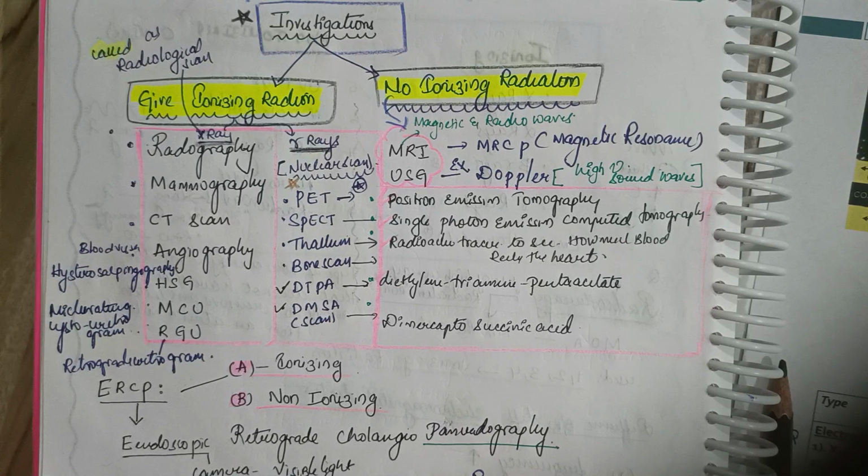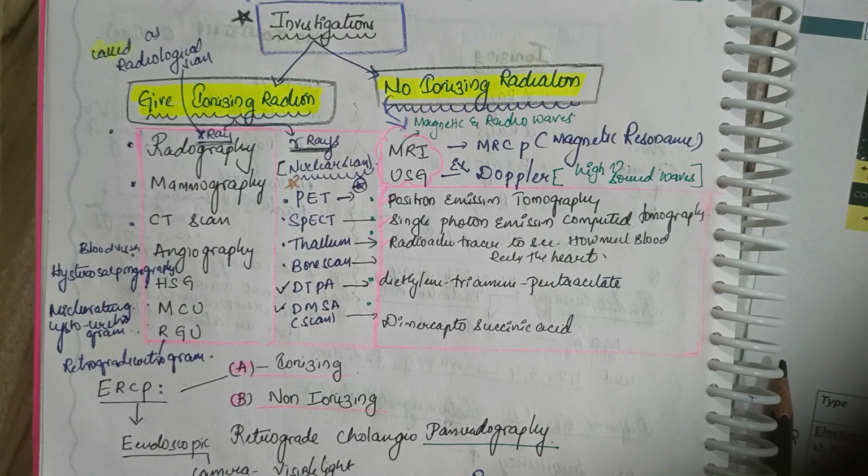Next you have SPECT, single photon emission computed tomography, then PET, positron emission tomography. When I speak about PET, SPECT, thallium, bone scan, DTPA, DMSA, these nuclear scans emit gamma rays. Hope you are understanding. They emit gamma rays.